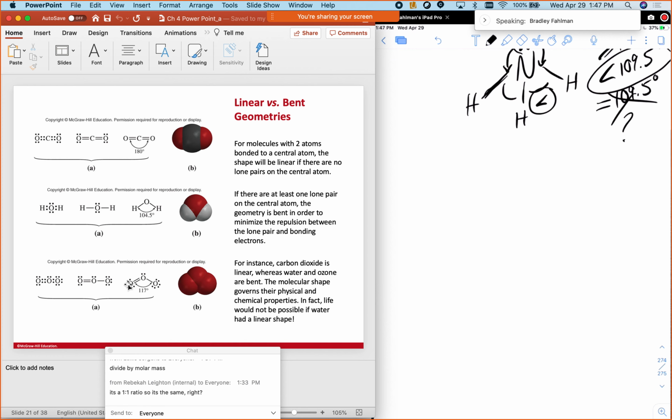Remember, trigonal planar is kind of an easy one too. So all those are 120 degrees. So it started off with 120. If you replace it with a lone pair, now it's going to be less than 120, and it's about 117 here.